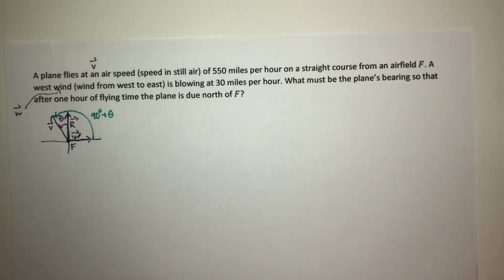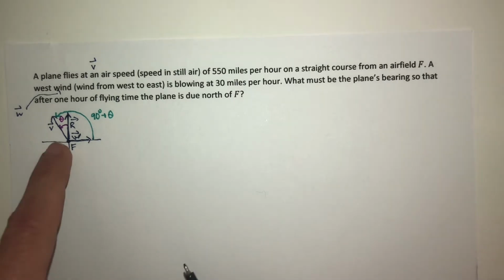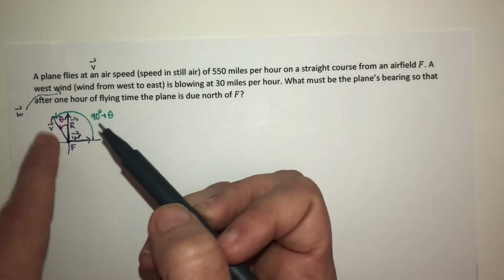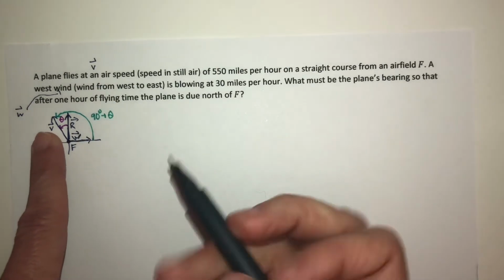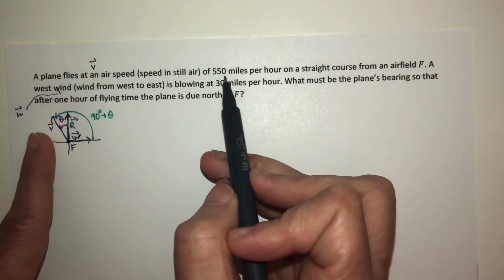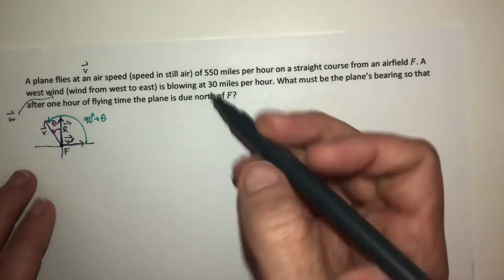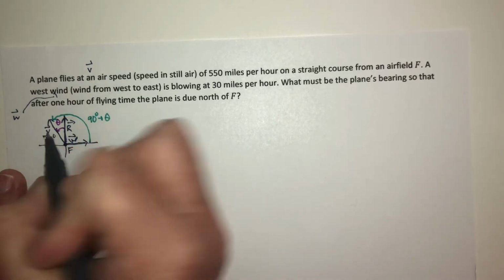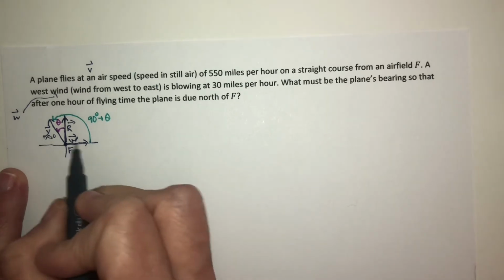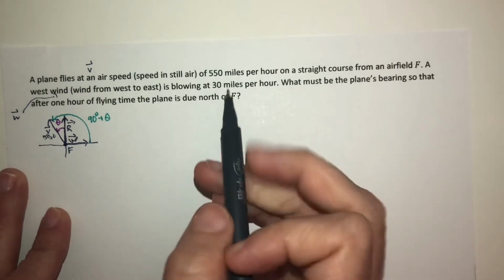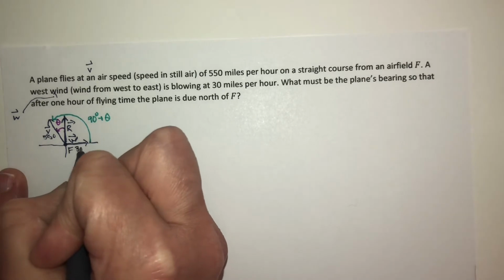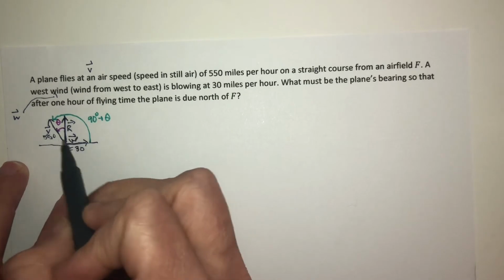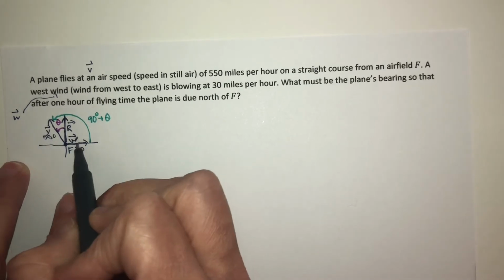So let's start off by figuring out the magnitudes of v and w. We're flying for only 1 hour. So if the plane can go 550 miles per hour but only travels 1 hour, then the magnitude of v is going to be 550. The wind is blowing at 30 miles per hour, so the magnitude there is 30. Now to add these together to get r, I need to find a way of describing both v and w.